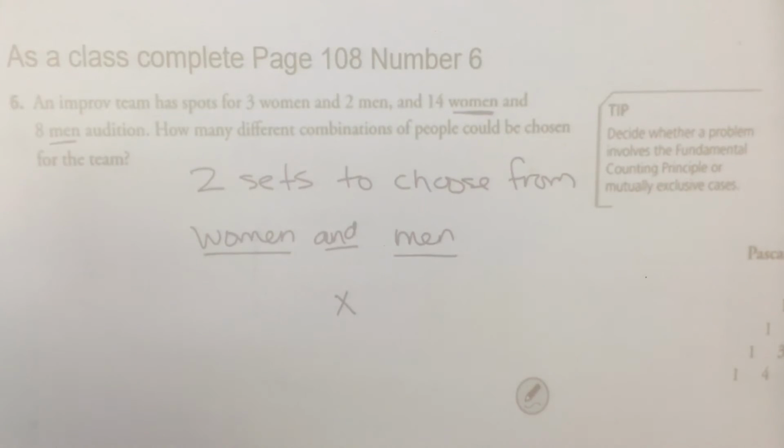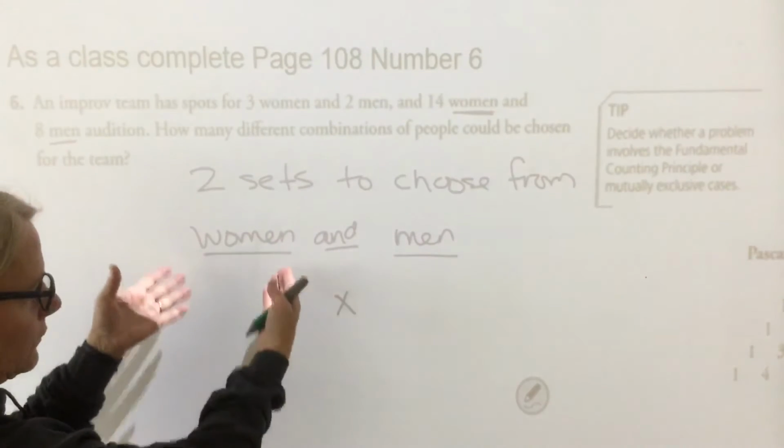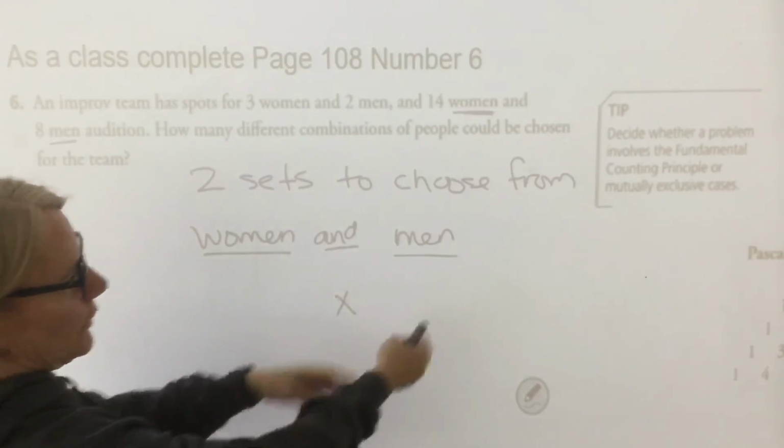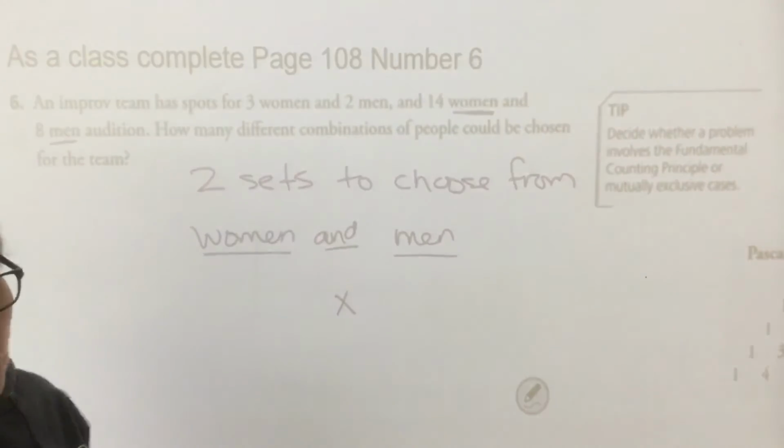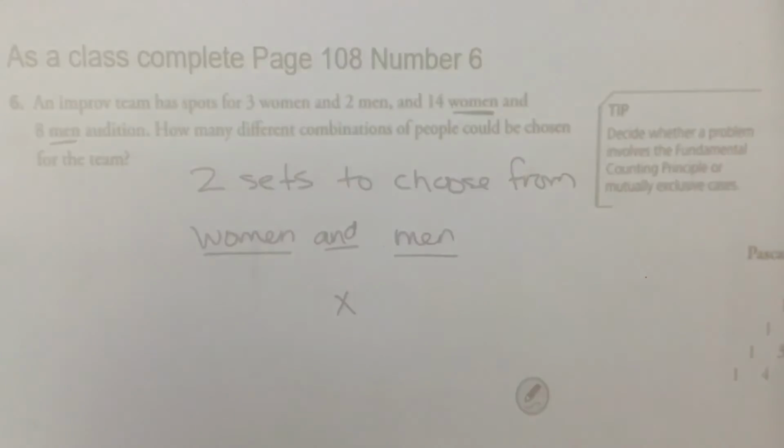So what you do is you treat it just like you did the cards, but we're just going to do it twice. We're going to choose the women under the combination, and we're going to choose the men under the combination. I know it's a combination, well, one, because they told me, but also if it just said how many different ways can those people be chosen for the team, I haven't put a position to them. They're just people sitting on the team.